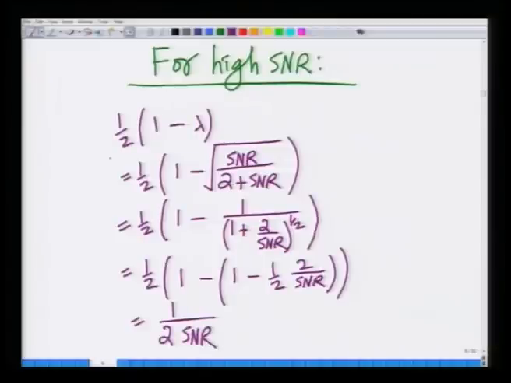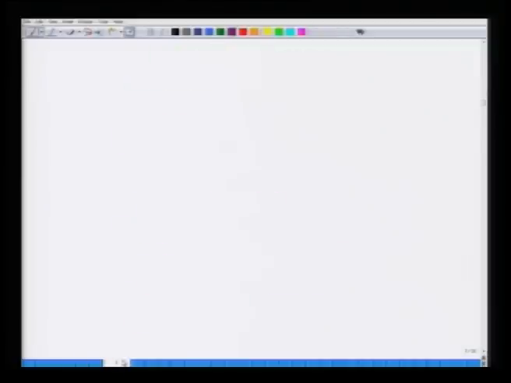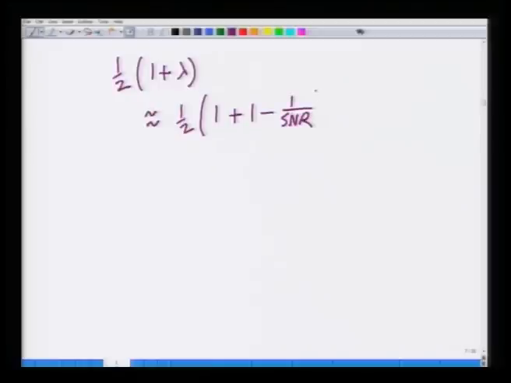All right. So, half times (1 minus lambda) at high values of SNR is approximately equal to 1 over 2 SNR. Similarly, if I compute the approximation of half times (1 plus lambda) at high SNR, this is approximately half times 1, but instead of the minus inside, I will have plus 1 minus 1 over SNR.